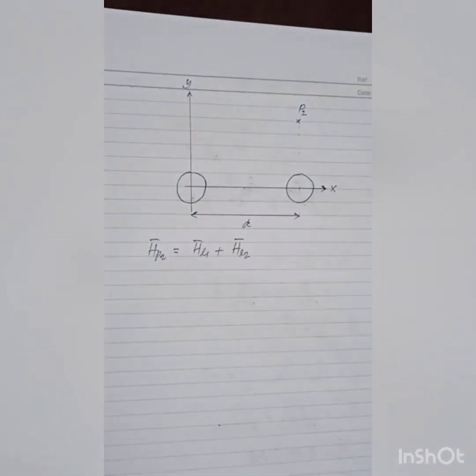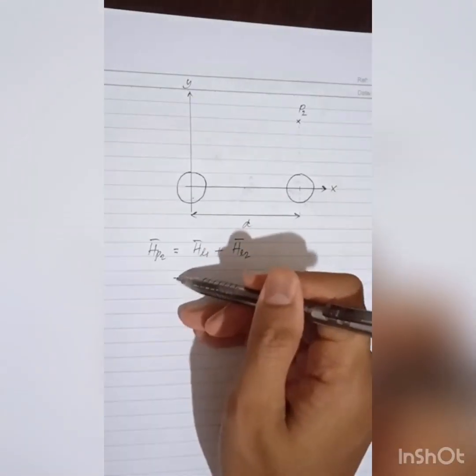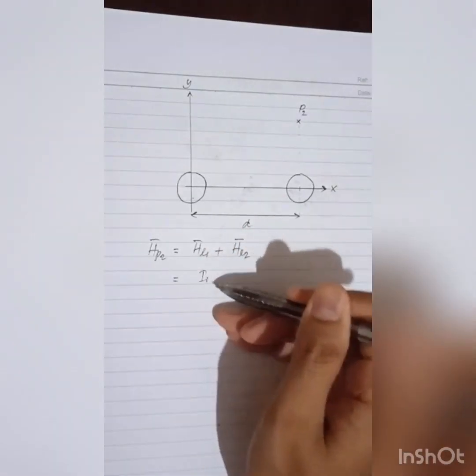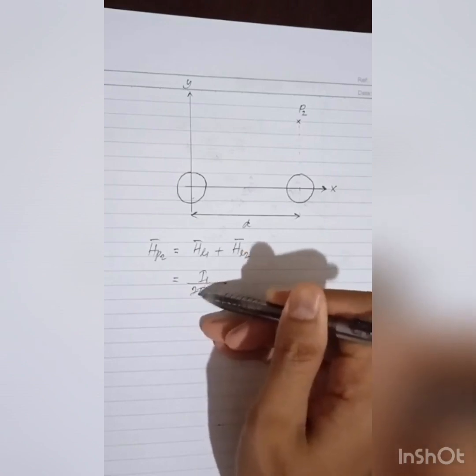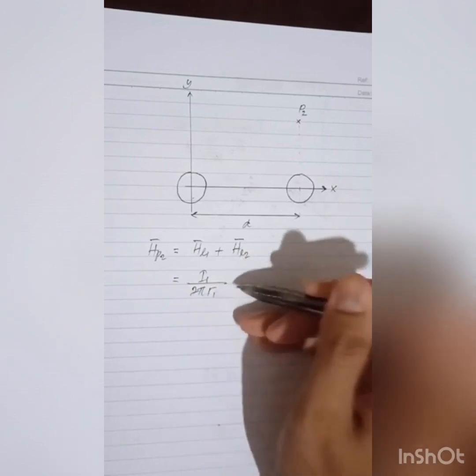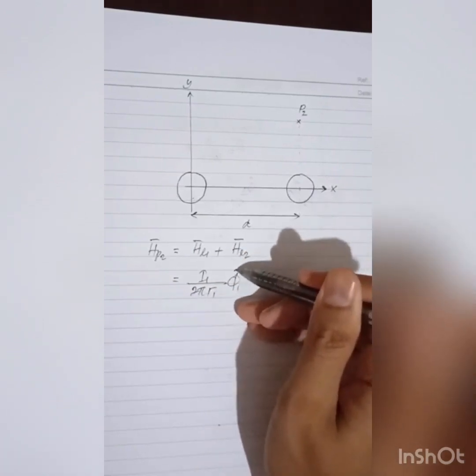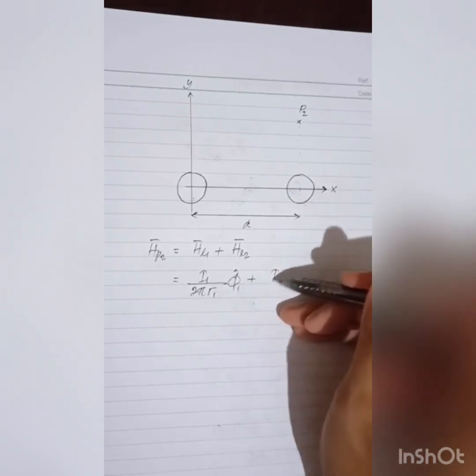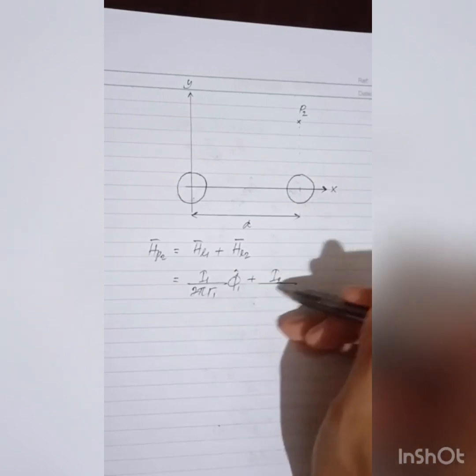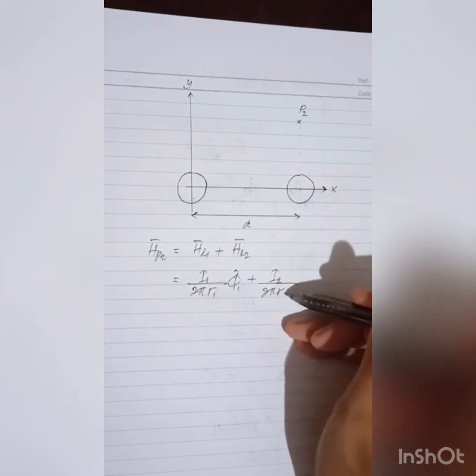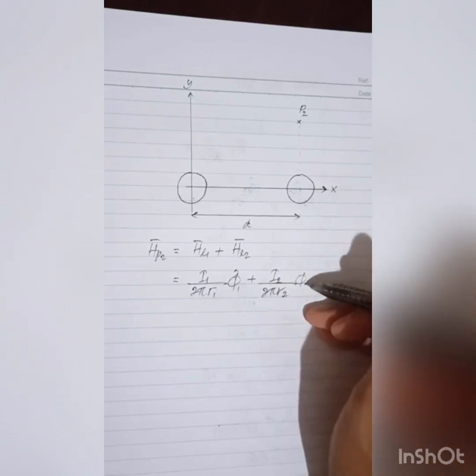Since we have assumed that this is a very infinitely long transmission line, we can simply use the standard equation of line current given here: I1 over 2 pi R1 phi 1 plus I2 over 2 pi R2 phi 2.